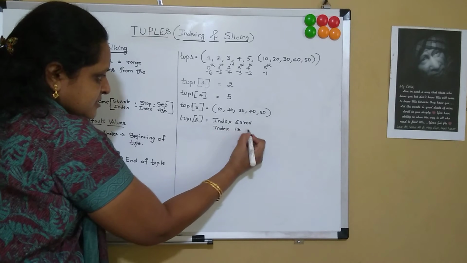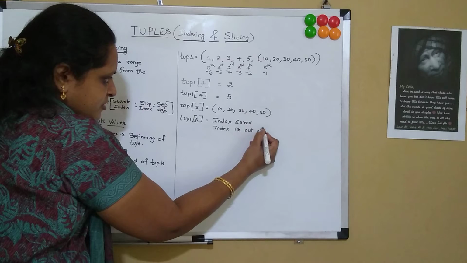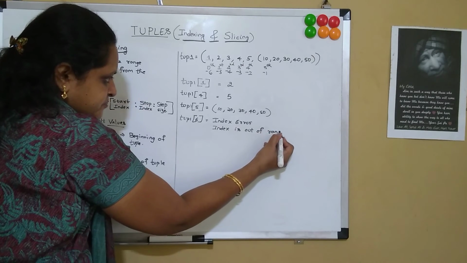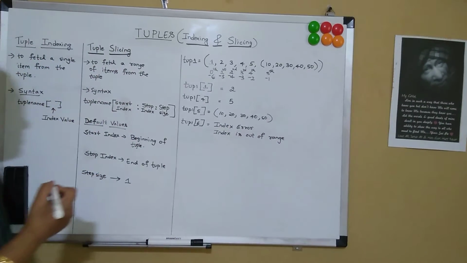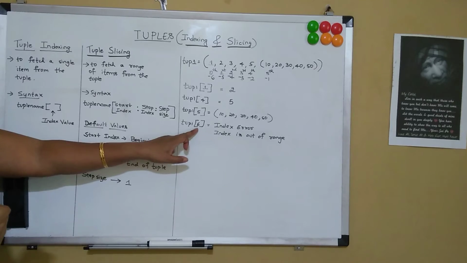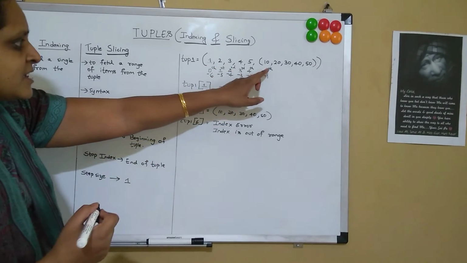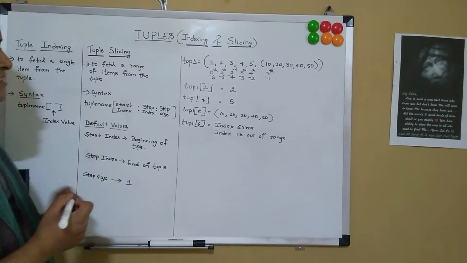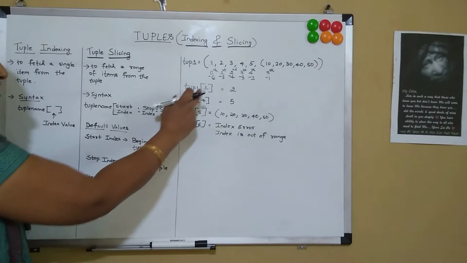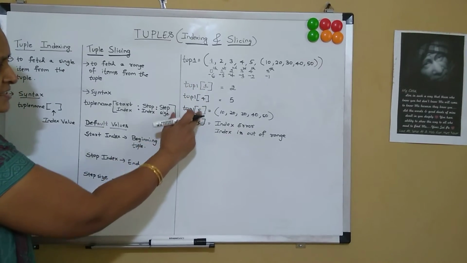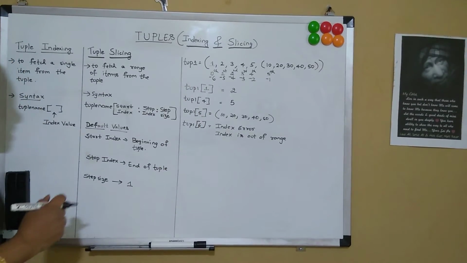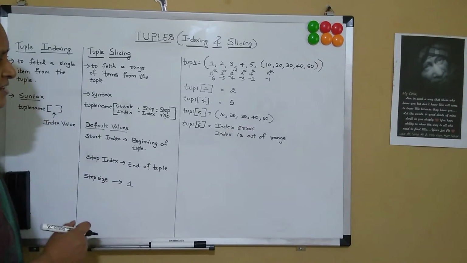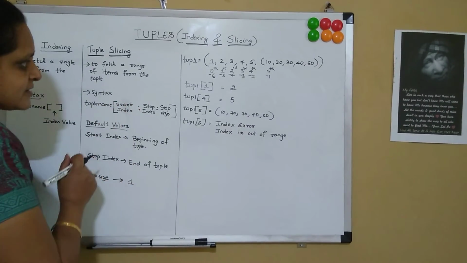The index should be only from 0 to 5. Anything after 5 will raise an index error. These were the positive indexes through which we access the items in the tuple, a single item at a time.